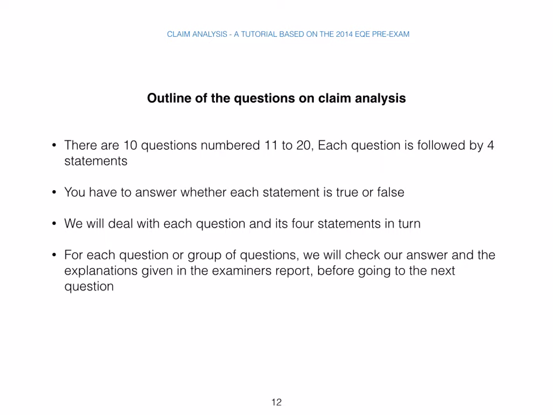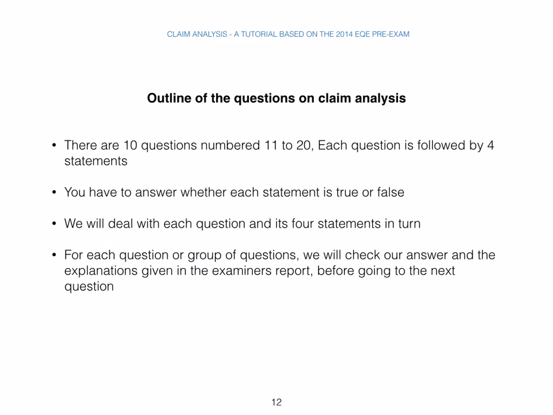Now, before we go into the questions, let's just make a brief outline of these questions. There are 10 questions numbered 11 to 20. Each question is followed by 4 statements.